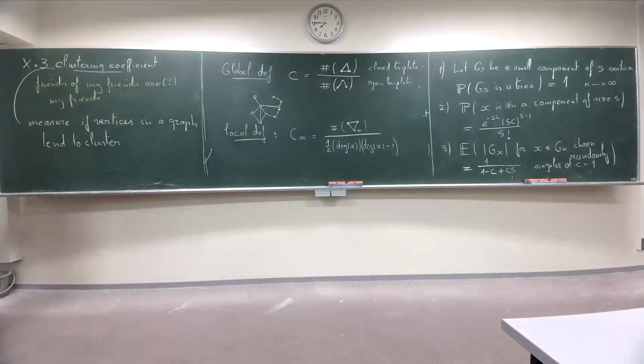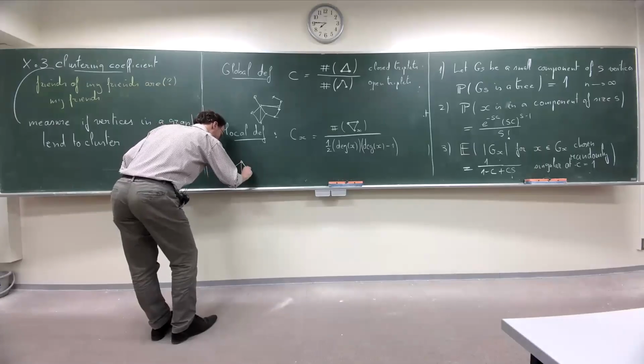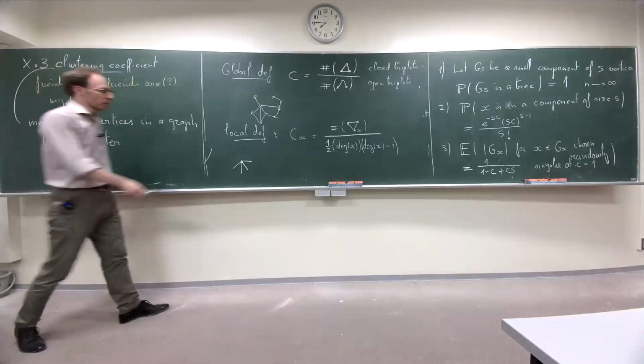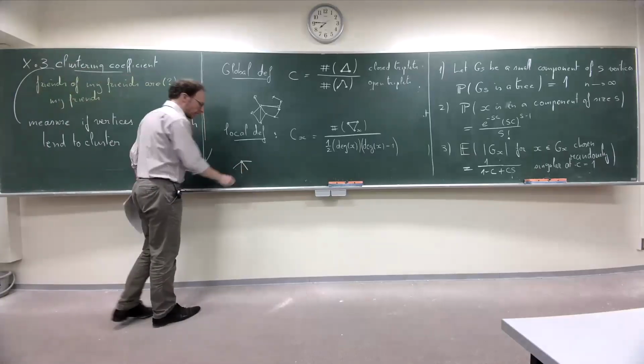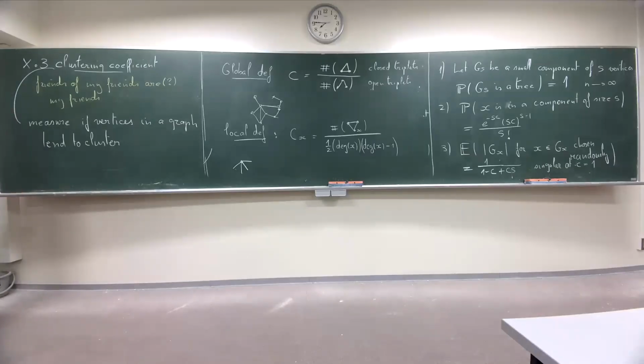Why this denominator? Because when you have an X with a certain degree, the number of triangles you can possibly generate is given by this number.